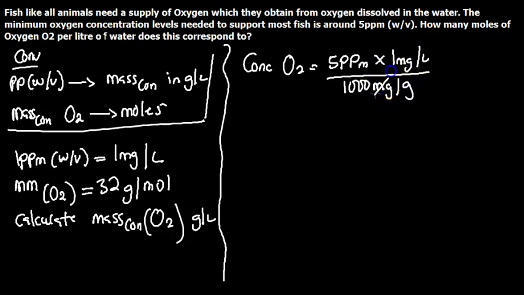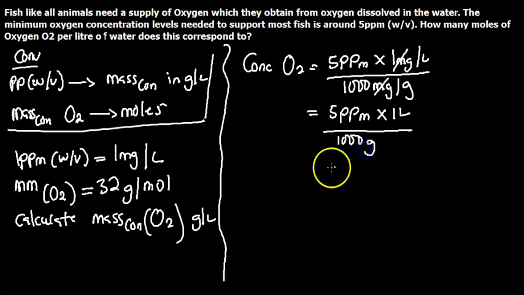In this case, milligrams will cancel out. We're going to be left with 5 multiplied by 1 gram per liter divided by 1000. If you divide everything here, this is simply going to be 0.005 grams per liter, which is the concentration of oxygen.